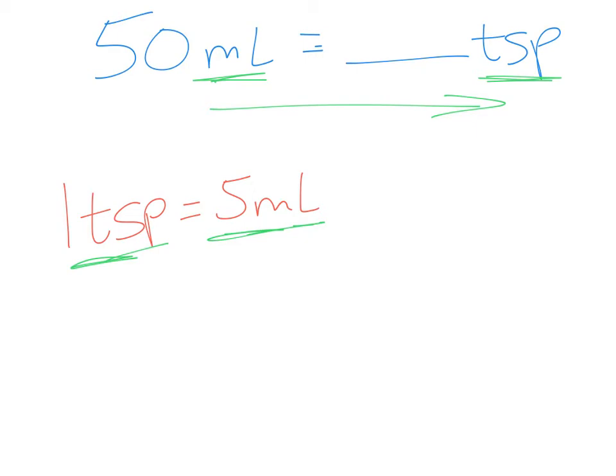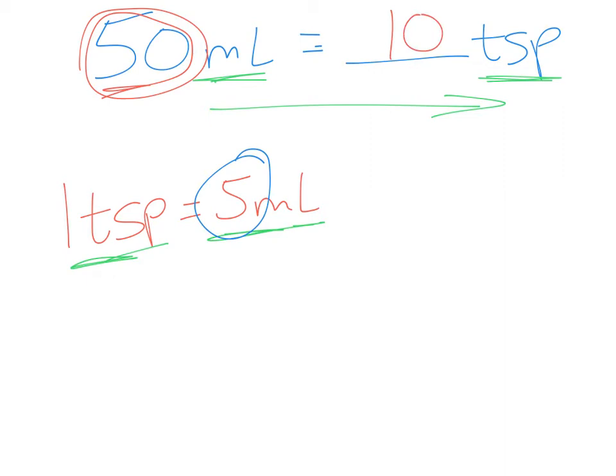Because I'm going from a smaller unit to a larger unit, we remember smaller to larger always means to divide. And what do we divide? I divide the number in my question, the 50 milliliters, by the number in my known, which is 5. So 50 divided by 5 gives me the answer of 10.